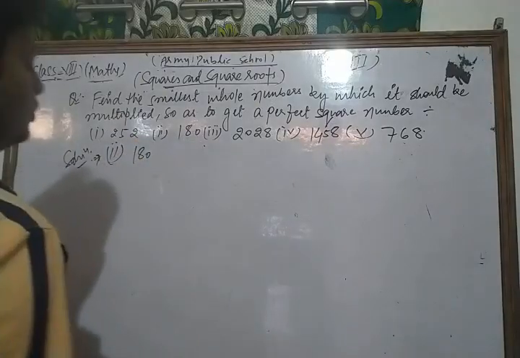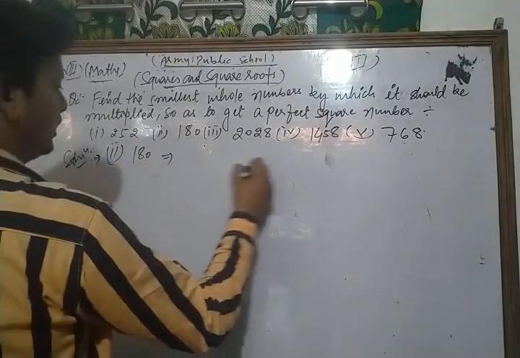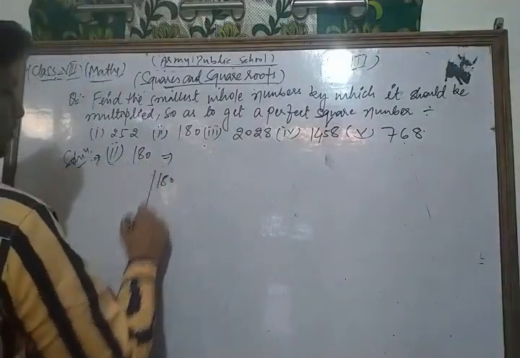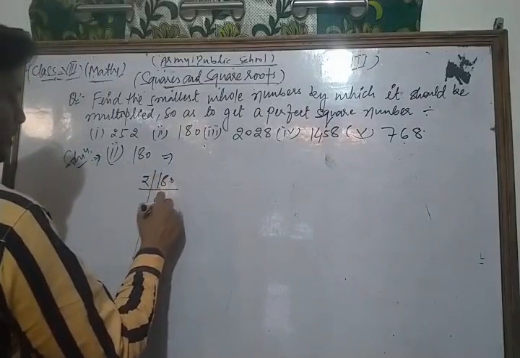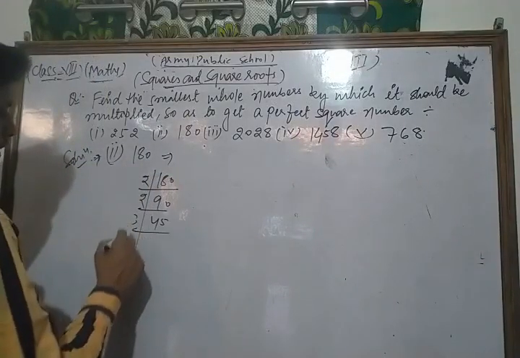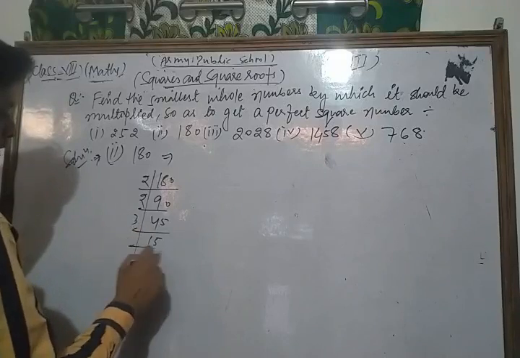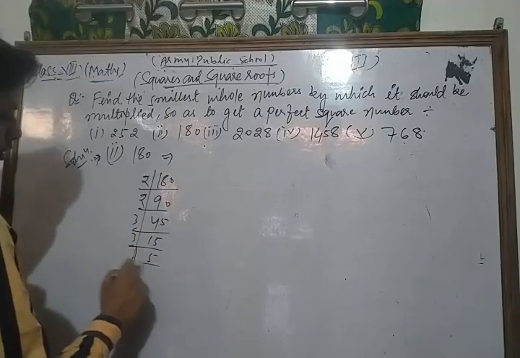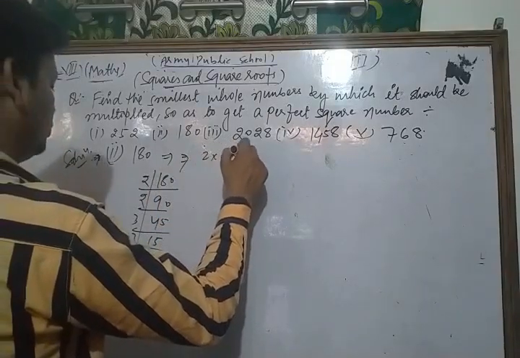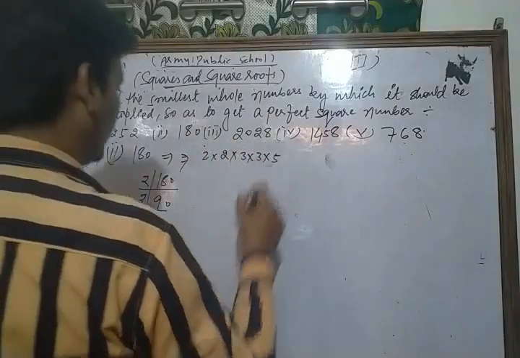Now we do the prime factorization of 180. So we get 2 nines are 90. This is 45. Now 3, again by 3. Now 5. So we get 2 into 2 into 3 into 3 into 5.